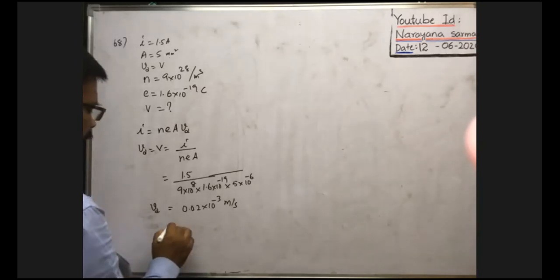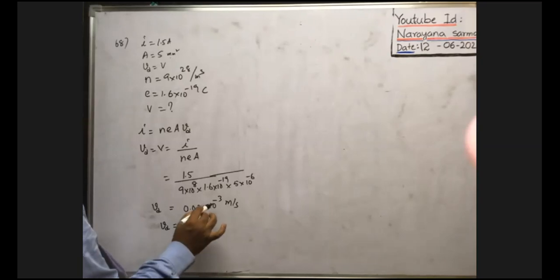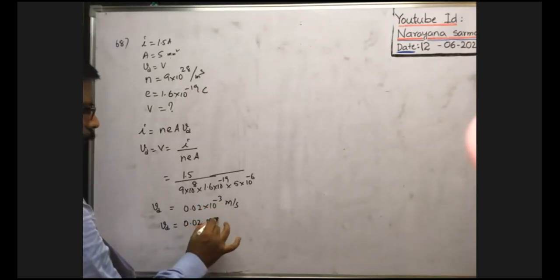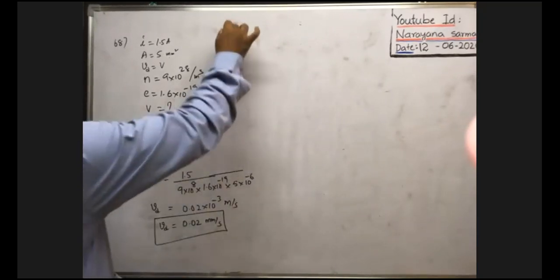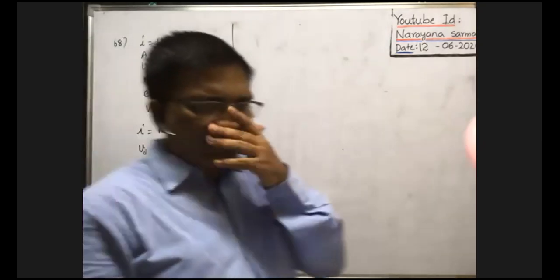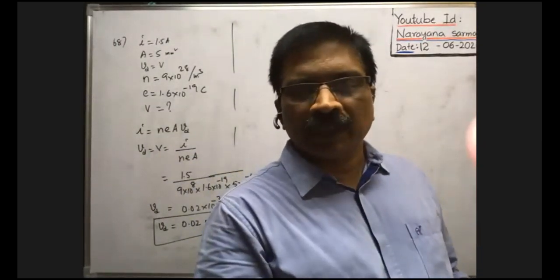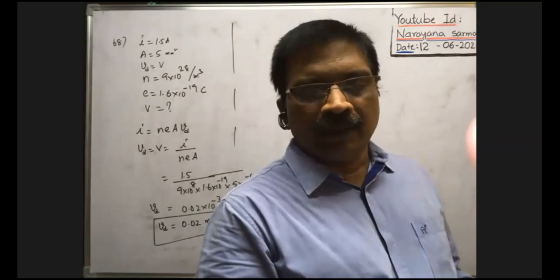But the answer is given in millimeter per second. So 0.02 here, 10 to the power of minus 3 means millimeter. So millimeter per second. This is the answer. So after simplification, approximately you will get this answer. This is the drift speed of the electron. Okay. Yeah, I is equal to neAv_d, right? Next problem.